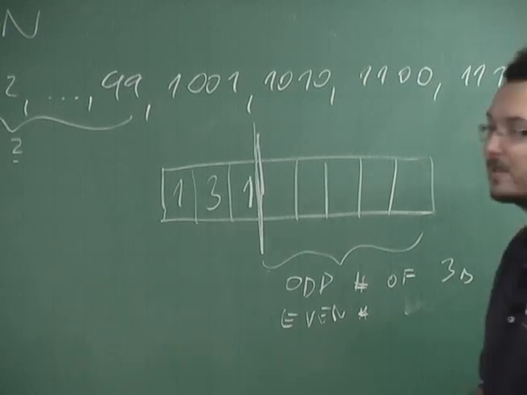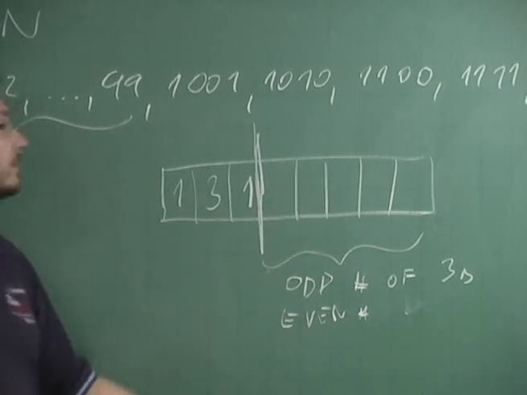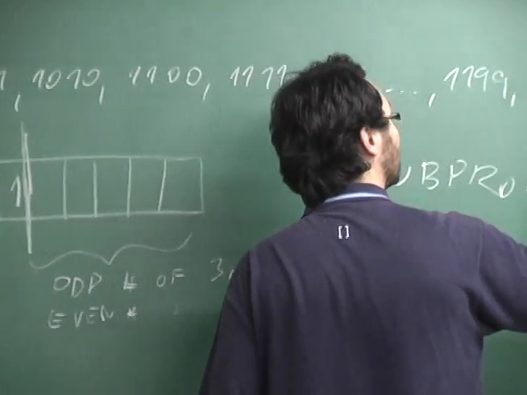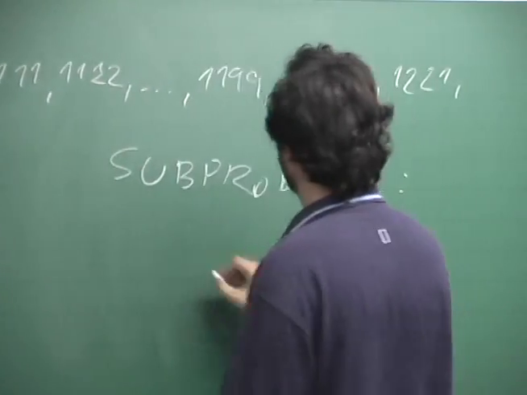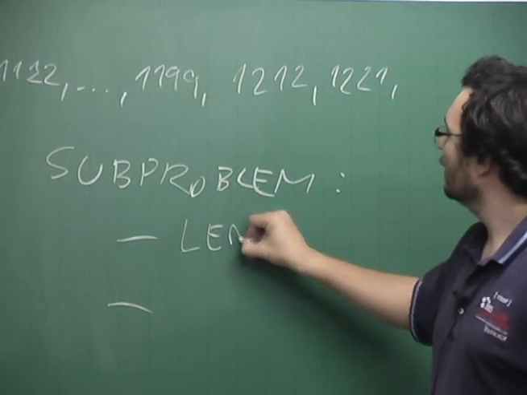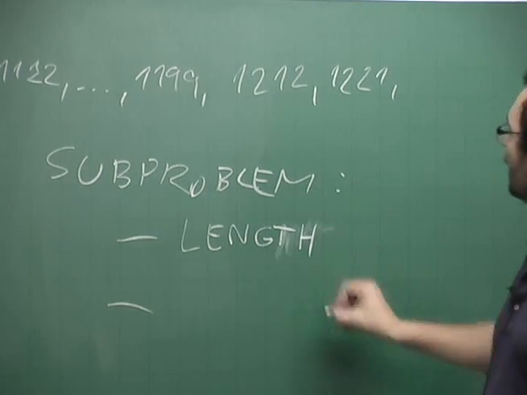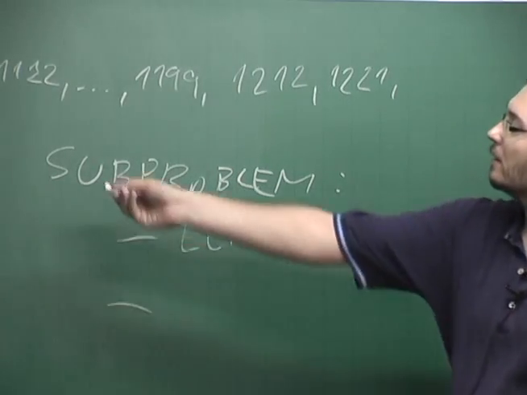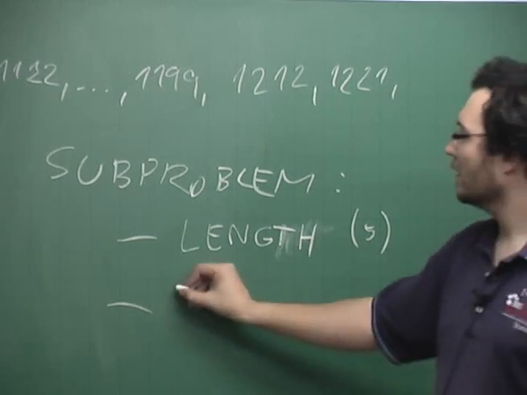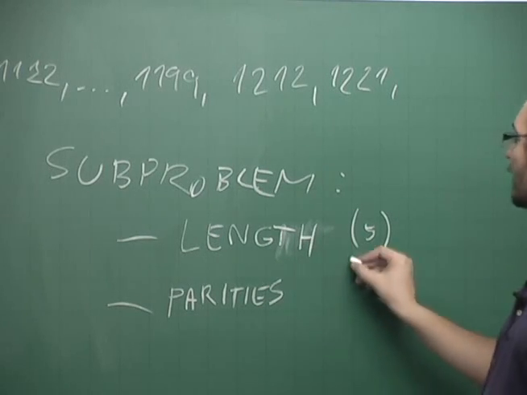So this is not such a large number of subproblems if you consider it correctly, because each subproblem can be described by two items: the remaining length, in the case of the example it would be 5, and the parities of digits.